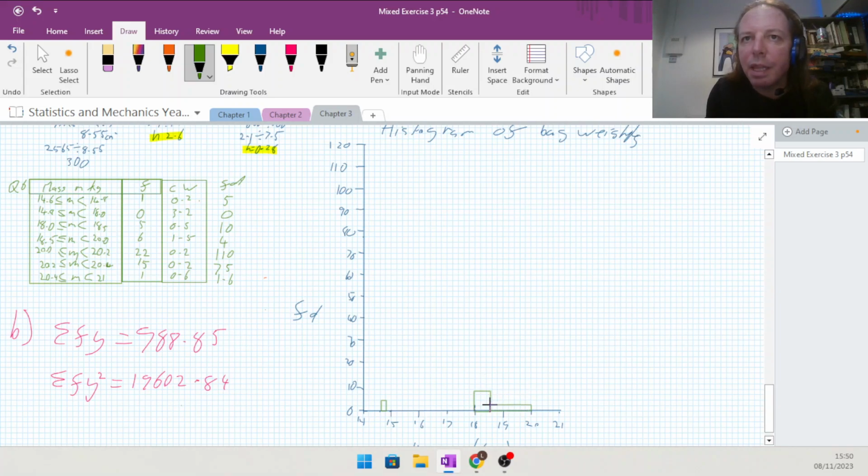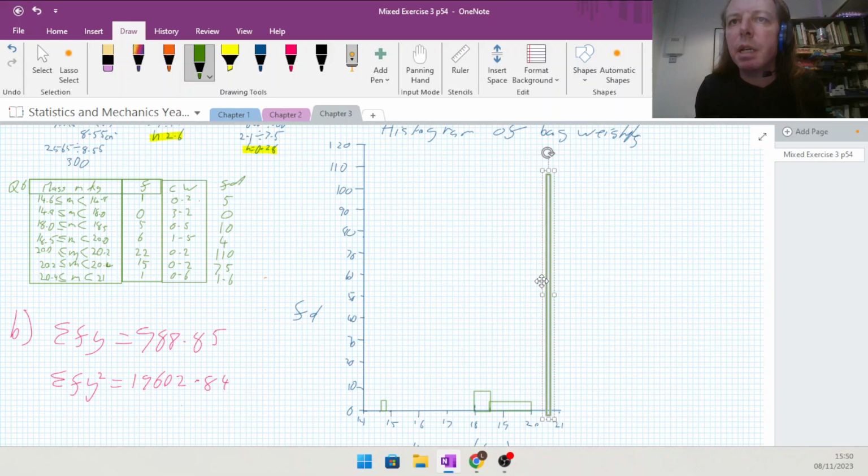Now we've got the big one that goes all the way up to 110, and it's 20 to 20.2. I'm just drawing it out of place so I can get it lined up neatly on my graph. There's 110, 1 block wide, good.